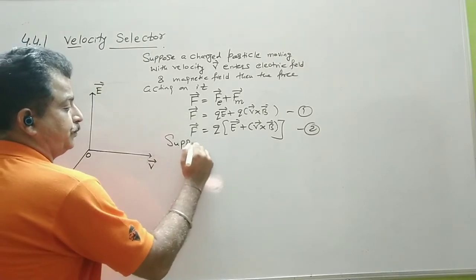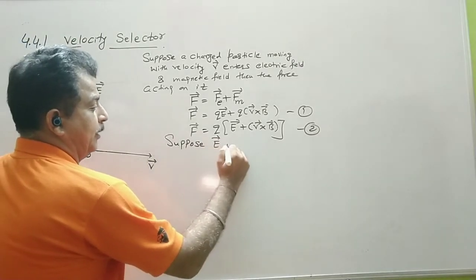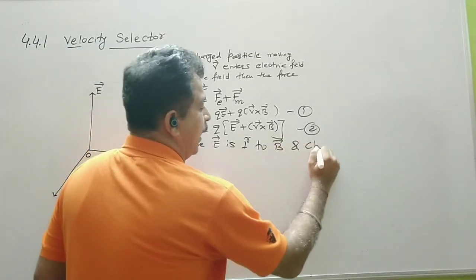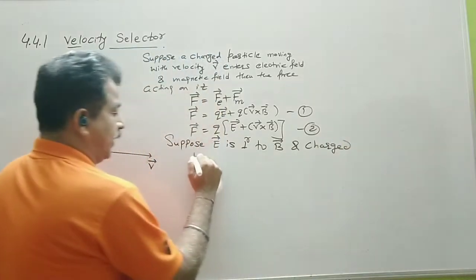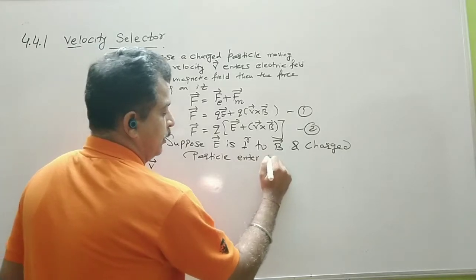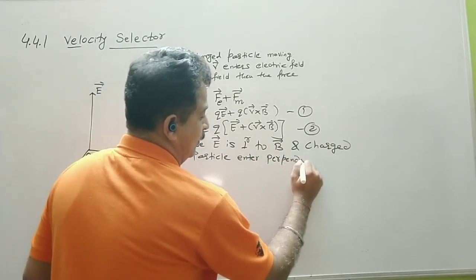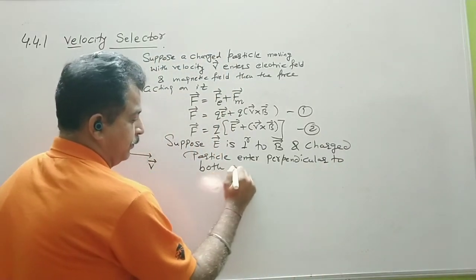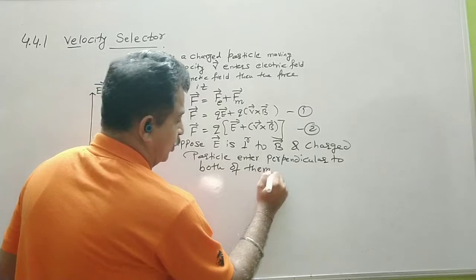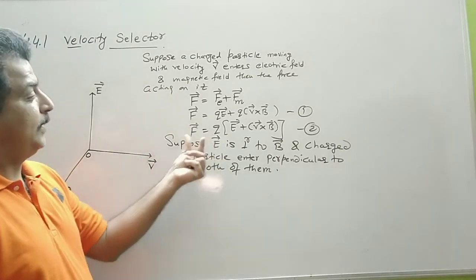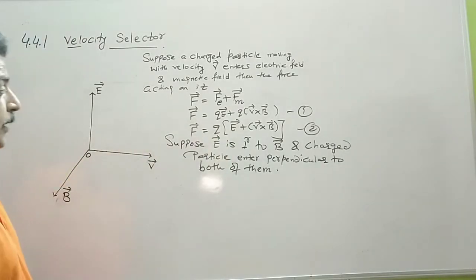So suppose E vector is perpendicular to B vector and a charged particle enters perpendicular to both of them. So now the charged particle is also perpendicular. In other words, all three are perpendicular to each other.